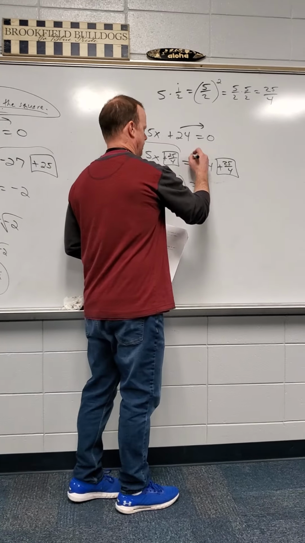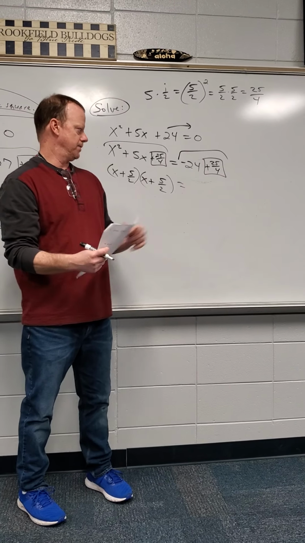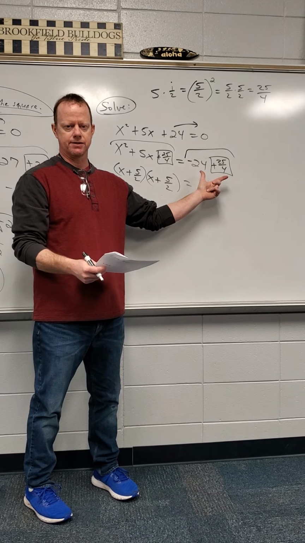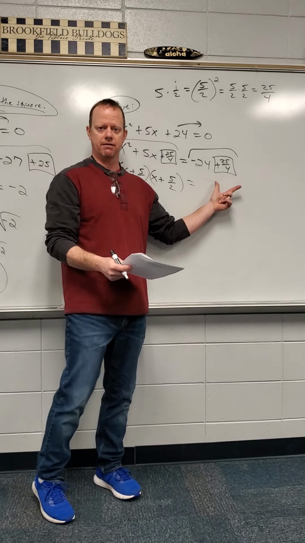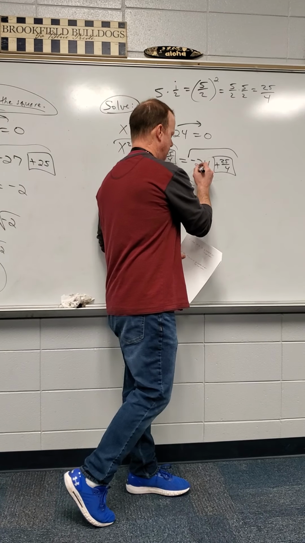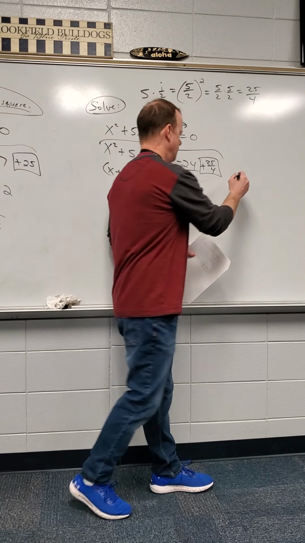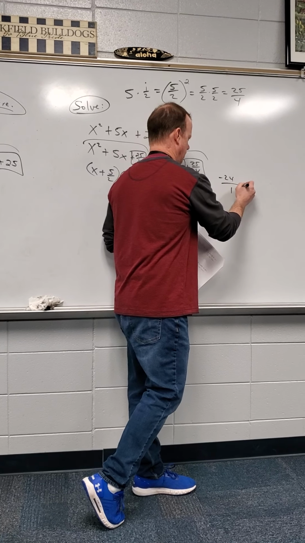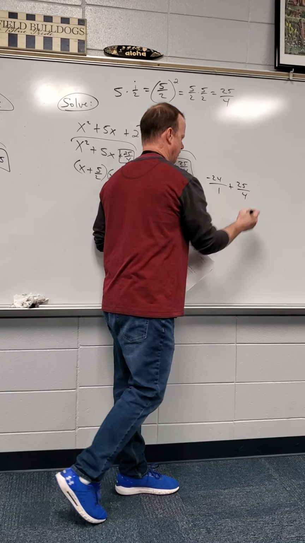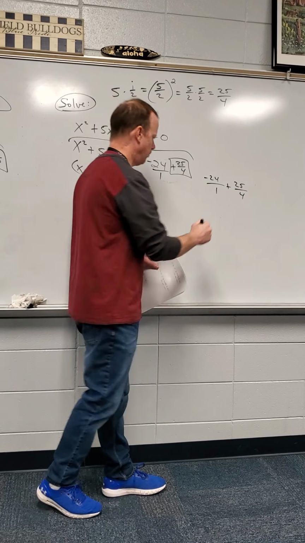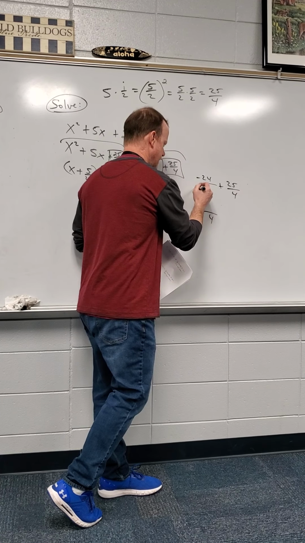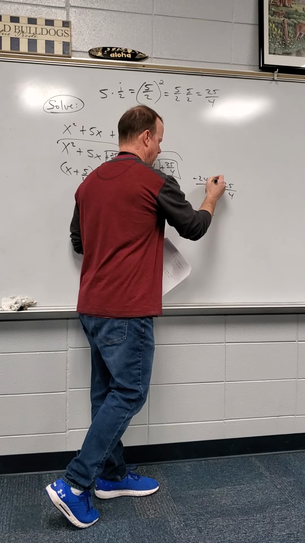Over here, we have to add or subtract fractions. Well, anytime you add or subtract fractions, you have to have a common denominator. So I put this over 1. Common denominator will be 4. So negative 24 over 1 plus 25 over 4. Common denominator is 4. So this needs to get multiplied by a 4.